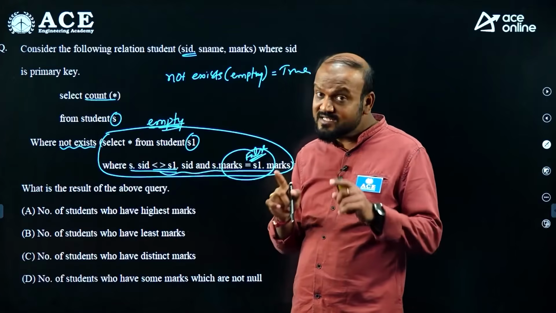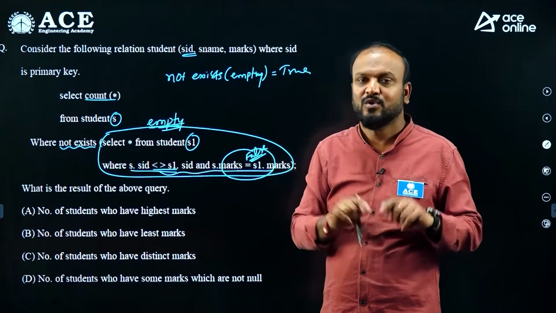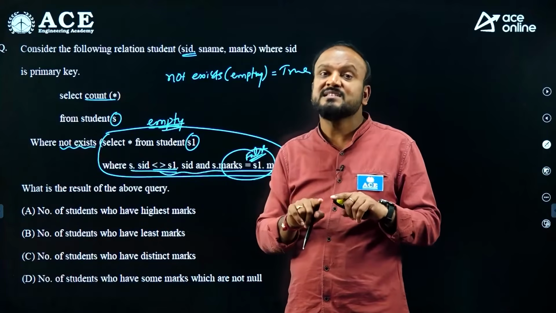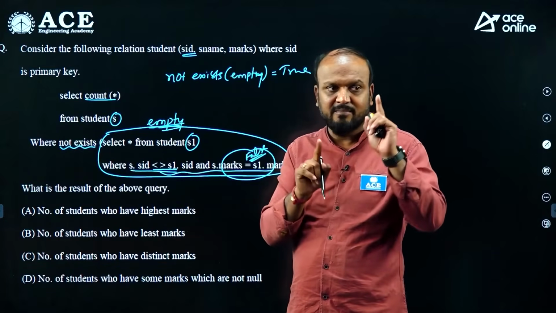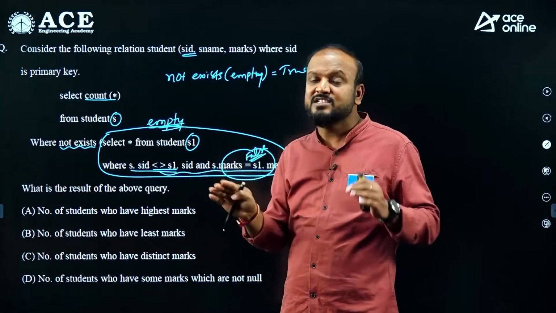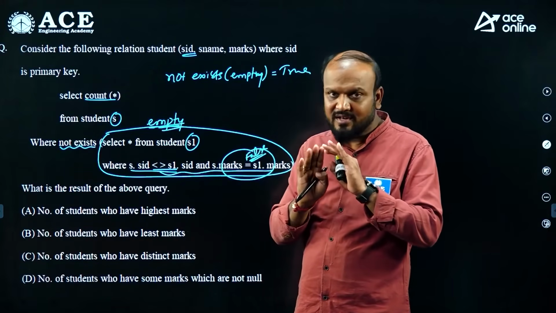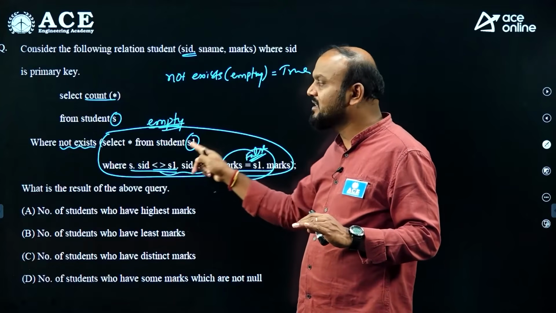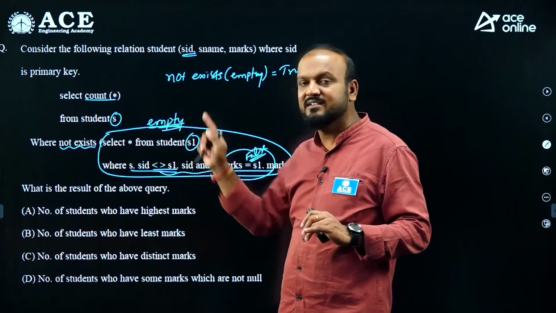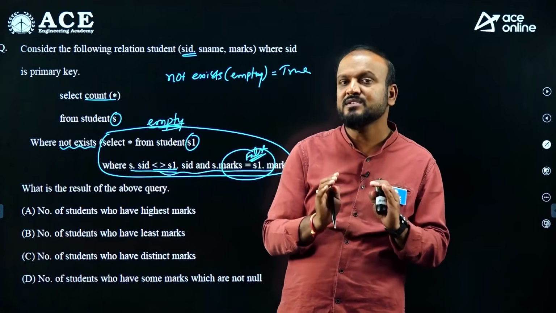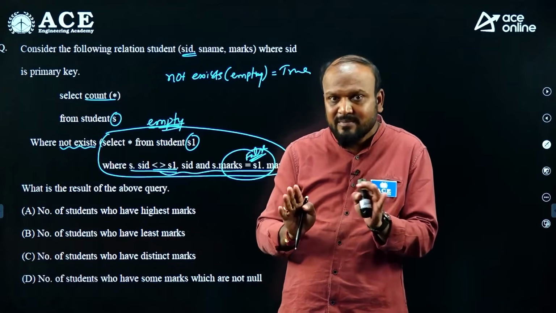If two different students have the same marks, you are getting output from the inner query. If the marks of a student in the outer query do not match the marks of any other student in the inner query, you never get any row in the output of the inner query. So that empty set, that student will be in the output. So it is going to find the students who have distinct marks, not the same marks.